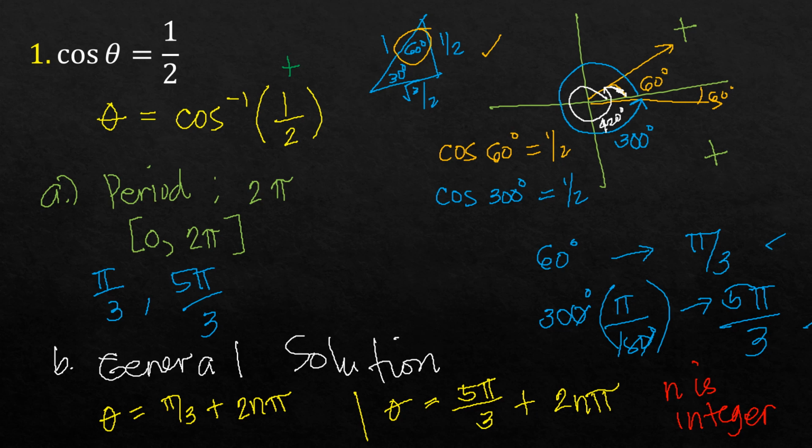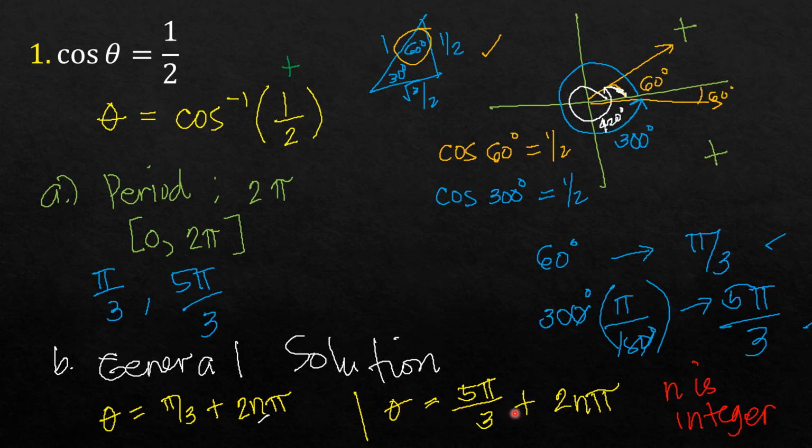So it means to say, if you would like to have n equal to 1, then 2 times pi, 2 pi. So as if you're saying add 360 degrees to pi over 3. That's what we said a while ago, that is 420 degrees.